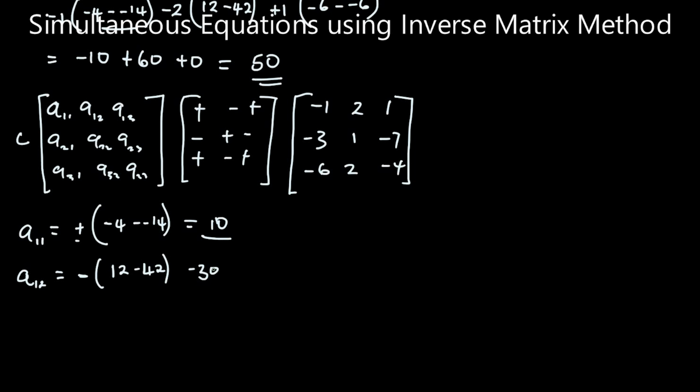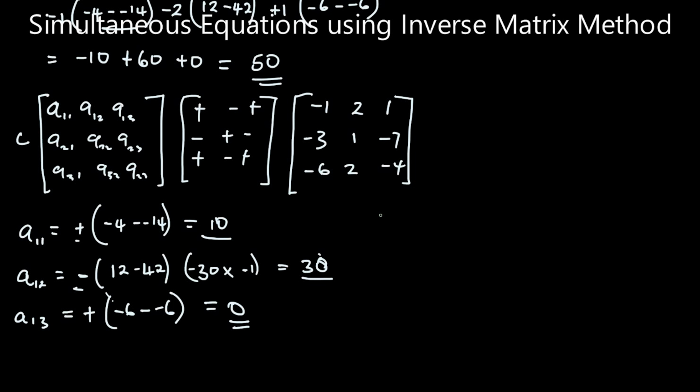A minus 30, you multiply by this sign, which is negative, so minus 1. So for this one, it should give you a positive 30. For A13, the sign is positive. So if you close the row and the column that contains A13 and solve that one, it should give you minus 6 minus minus 6, which is a 0. And anything times 0 will always give you a 0.